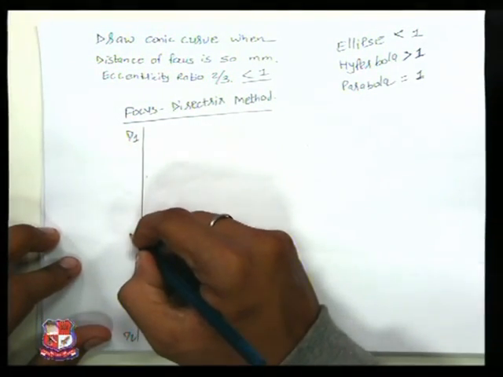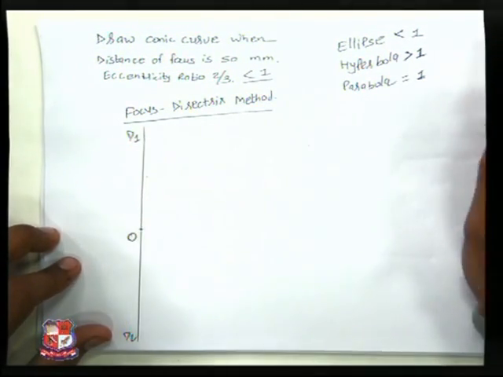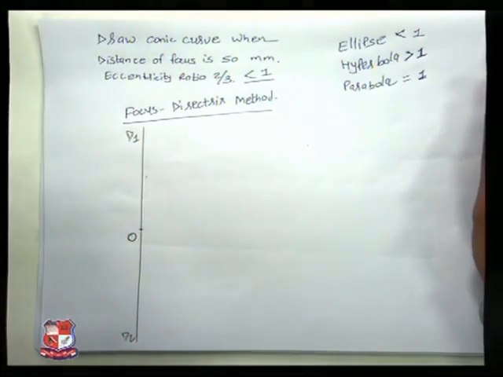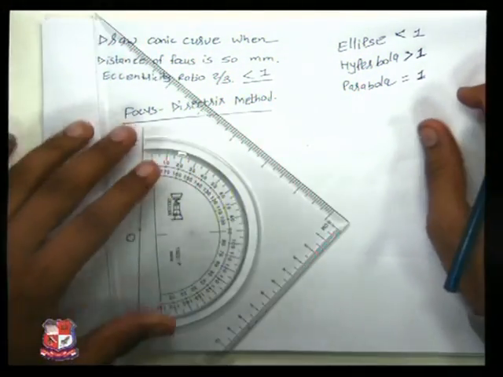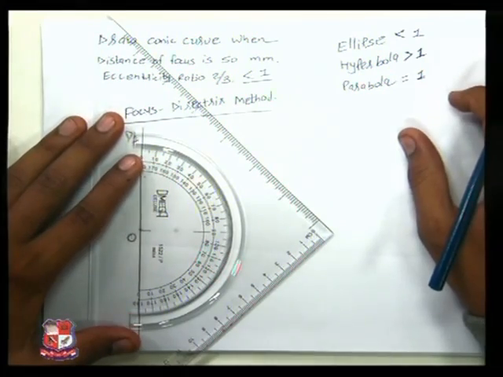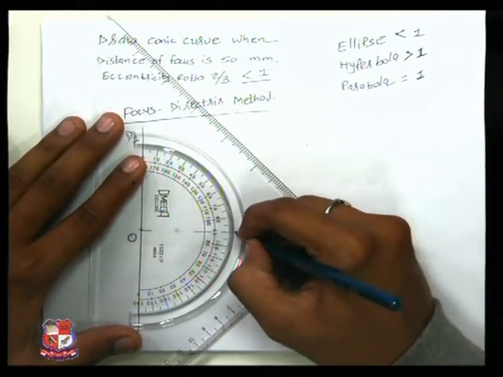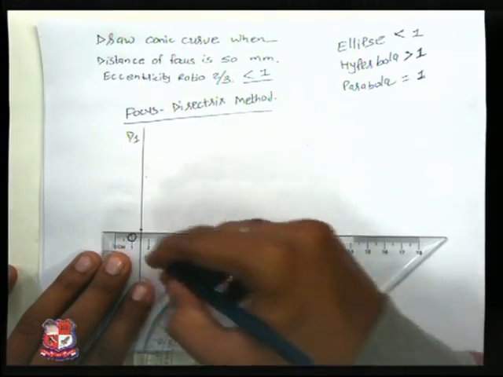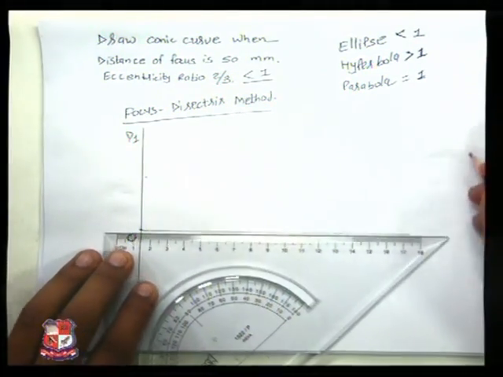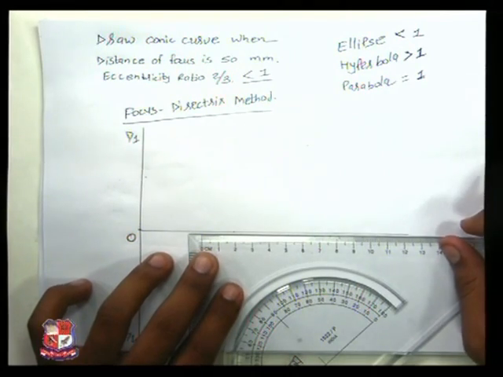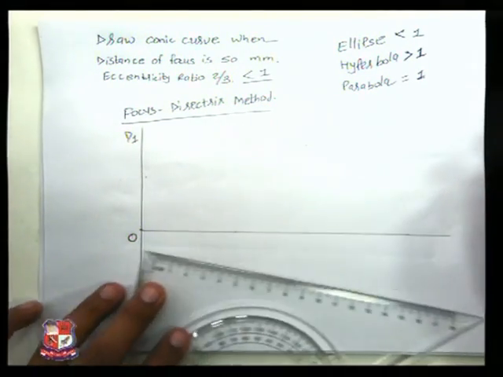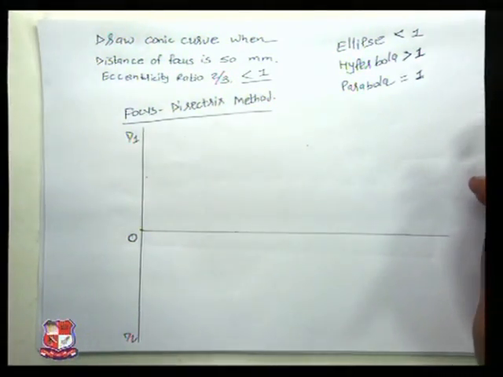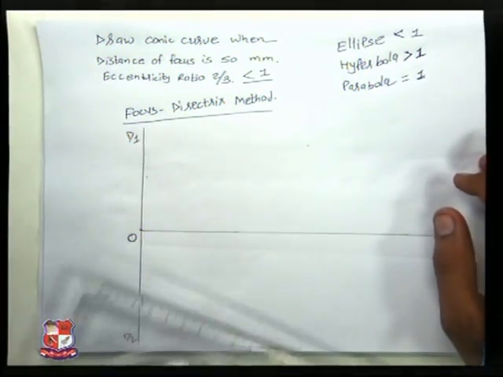Name it as O. Draw a perpendicular line from O of a desired distance. You might be thinking that everything is just random. The measurements will come into light now.